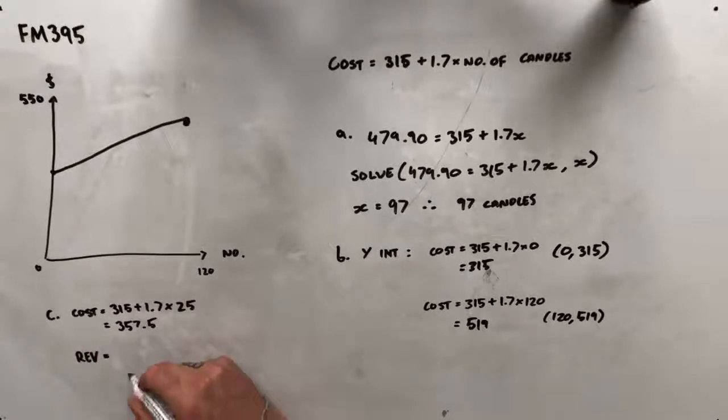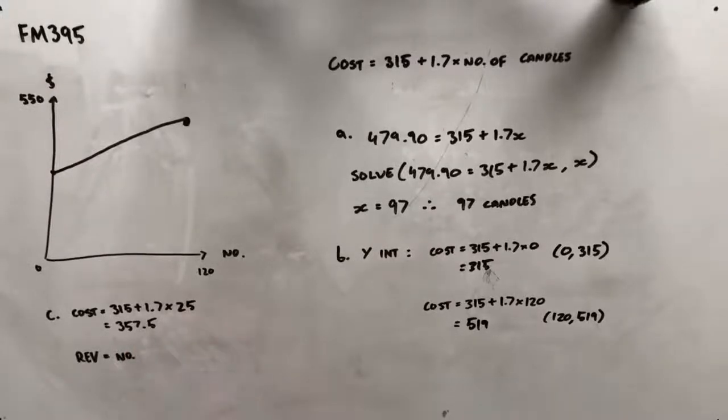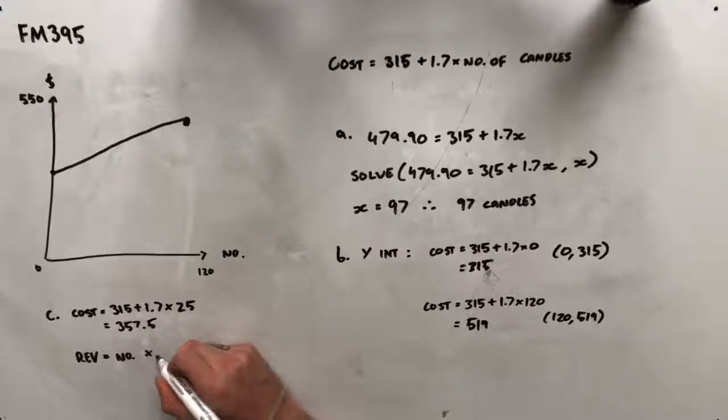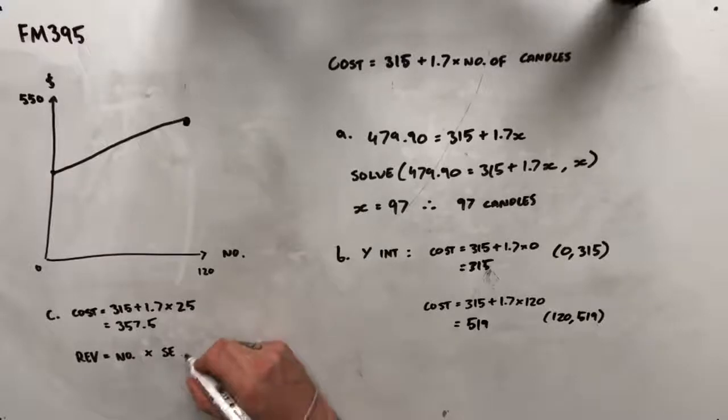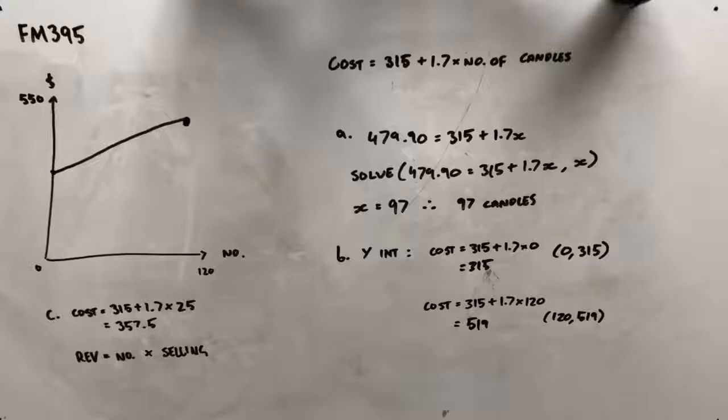Now our revenue is going to be equal to the number of candles, which I'm just going to leave as the number of candles, times whatever the selling price is, which of course is what we're trying to find here. So our revenue at this stage, when we get to this point, we know is actually going to be equal to 357.5, because that's our break-even point.